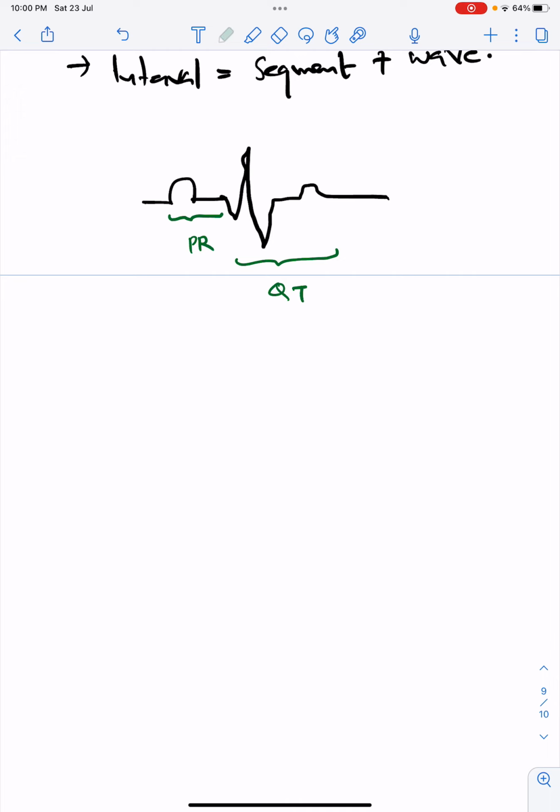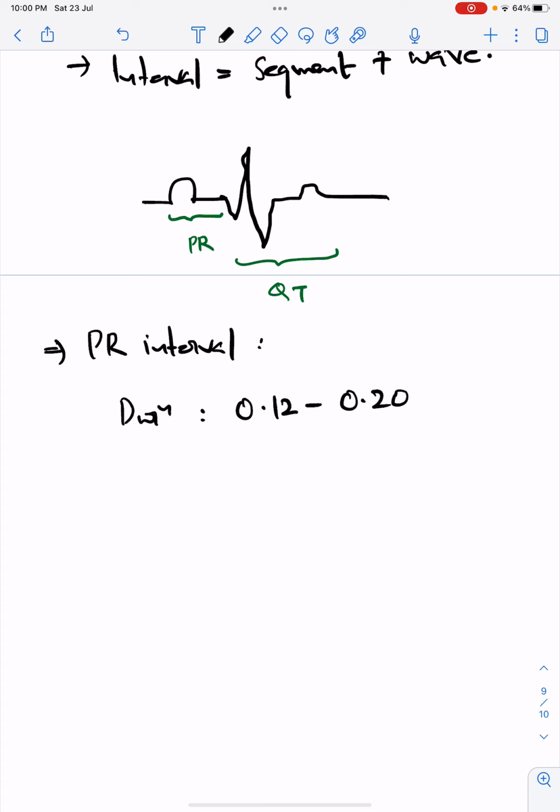So about the PR interval. The normal duration of PR interval is 0.12 to 0.2 seconds. The PR interval constitutes the P wave and the PR segment.